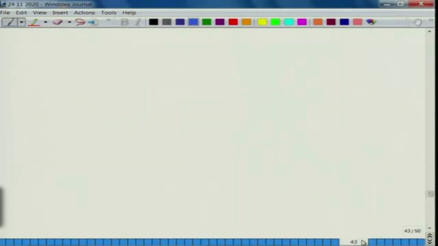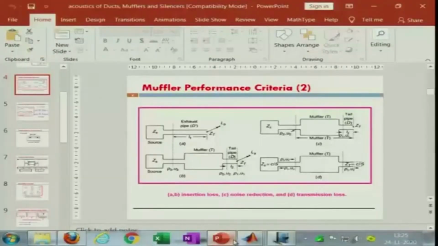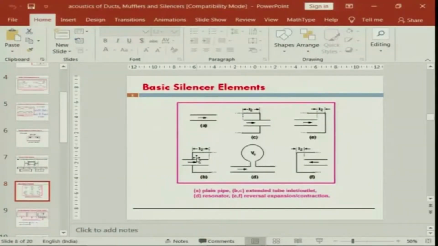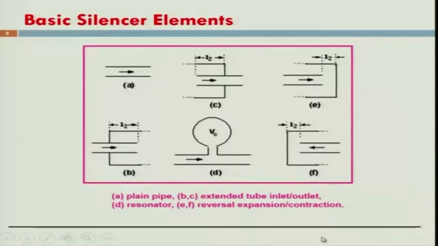What next we could study regarding the simple expansion chamber is the cascading of mufflers. There are many interesting elements. Actually, let me present to you some important slides where we probably can consider different elements, but we will probably analyze it a bit later. So, this is what it is.